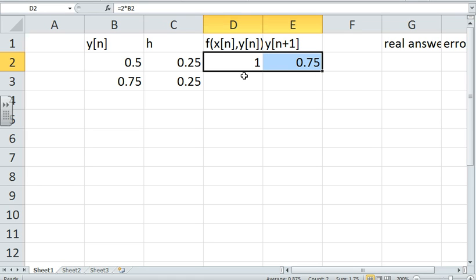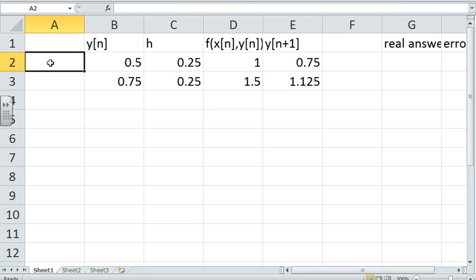Control copy, control paste. Okay, so this is at 0. That's at halfway there. This is all the way there. That's my answer.